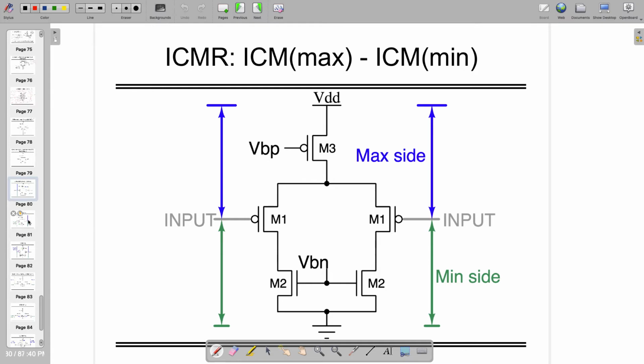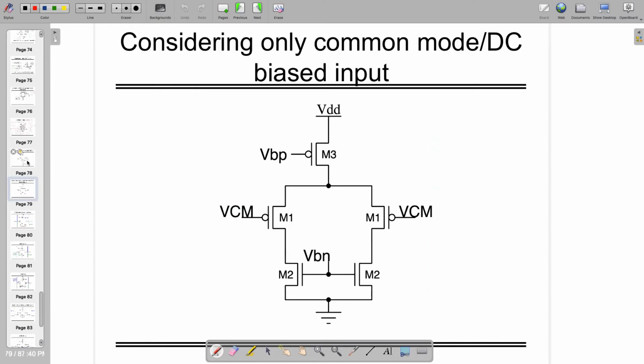Let's assume I'm interested in the input common mode range. What I'm going to do is find out where the input has been applied. I know the inputs are applied over here. First of all, you can see the previous circuits. Okay, the inputs are over here.